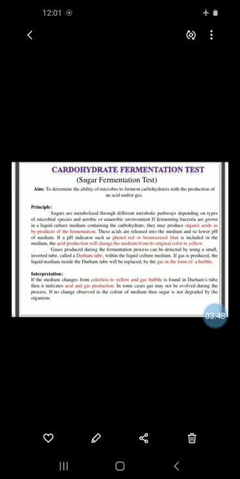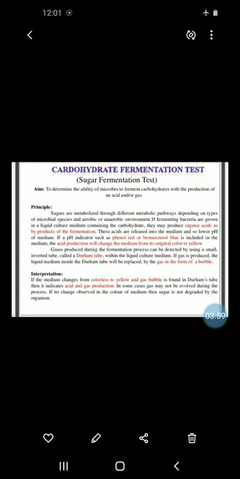If no change is observed in the color of the medium, then the sugar is not degraded by the organism. I am repeating this: if the medium changes from colorless to yellow and gas bubbles are found, it indicates the production of acid and gases, and in some cases the gas may not be evolved.